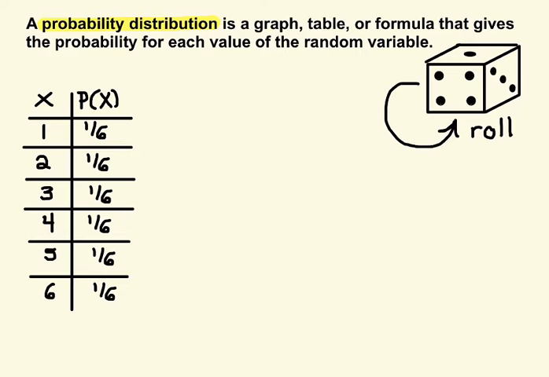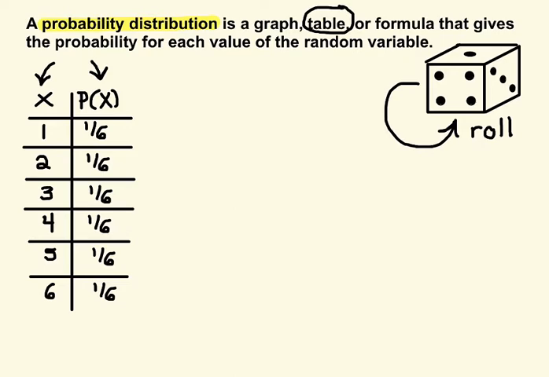So here on my table, I have my random variable x. And my random variable x can take on a value of 1 through 6. And here in my right-hand column, I have the probability that I will get any one of those values. So this is an example of using a table to represent a probability distribution.